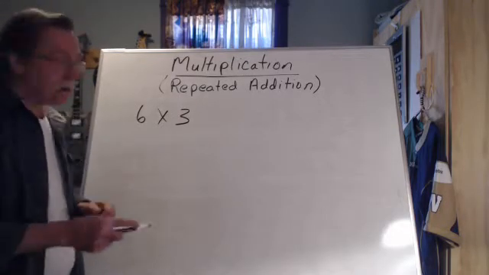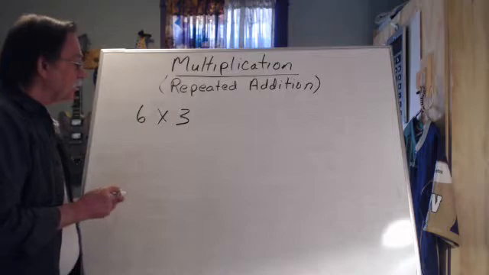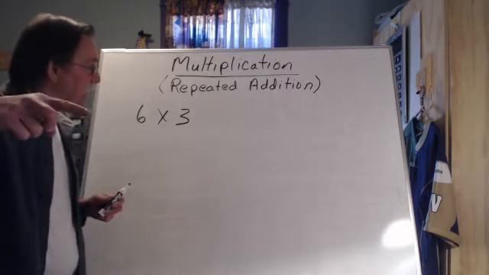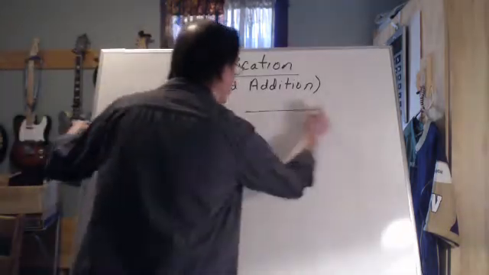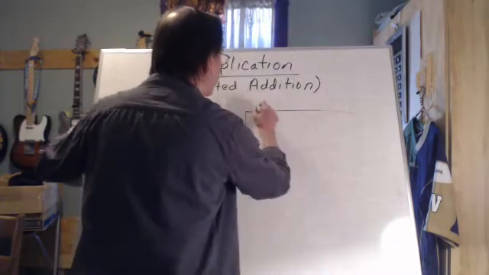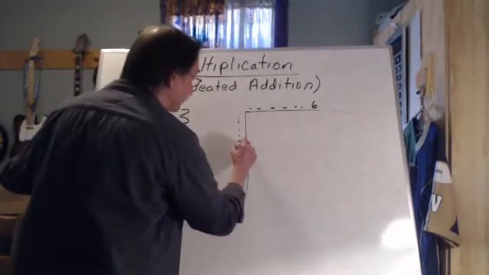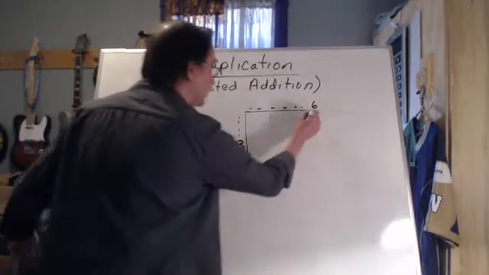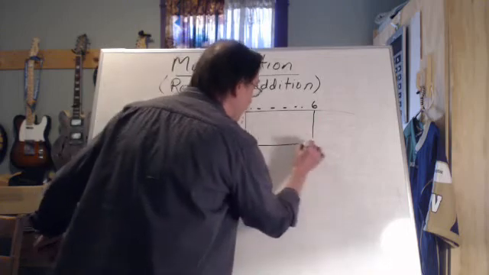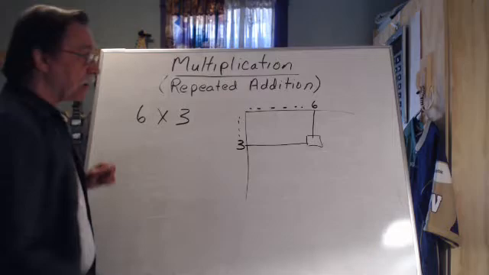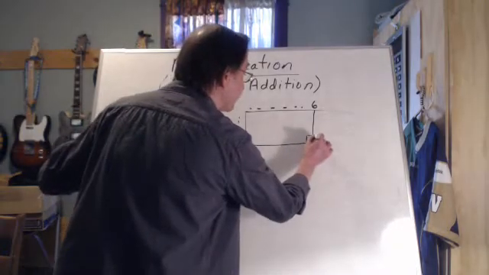Well, go across your formula sheet till you get to the 6. So I'll just kind of draw it like this. You go across till you get to 6, and then you go down till you get to 3, and then you go right there. What does that box say? That box says 18.